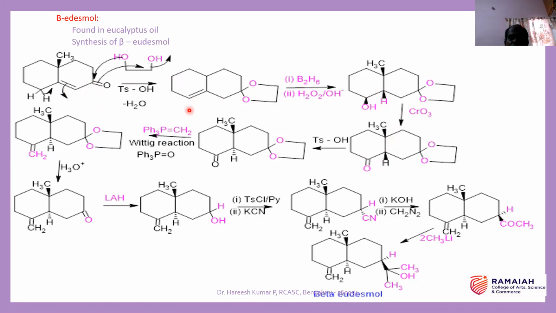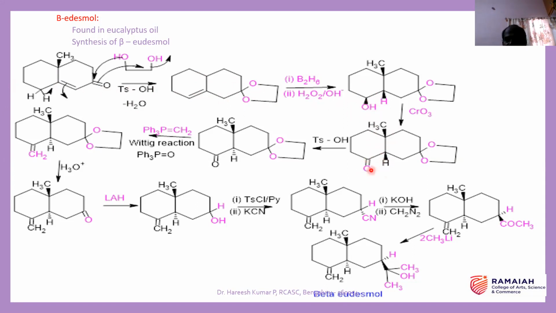If you are not aware of the mechanism, try to write the mechanism for each step, then it will be easy for you to remember the transformations. From here to here, a ketone is converted to ketal. From here to here, a double bond is converted into alcohol. From here to here, it's an oxidation. Oxidation means secondary alcohol gets converted into ketone.